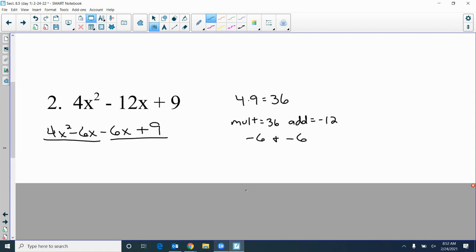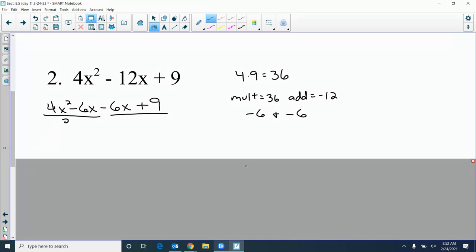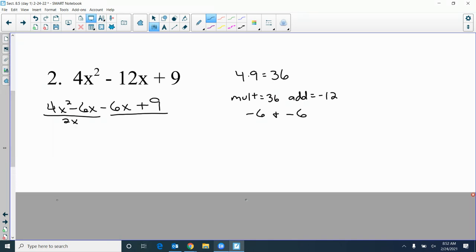And now, Sam, how about GCFs? What do you think? Okay, 2x for the first one. And how about for the second one? -3. And so when I do this, I get 2x. 4x squared divided by 2x is 2x. -6x divided by 2x is -3. -3 is my GCF here.